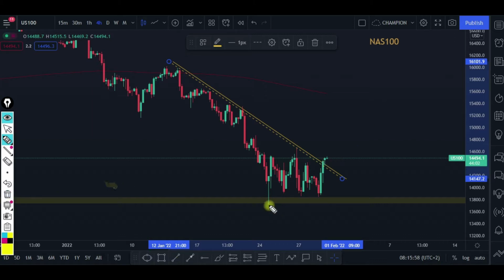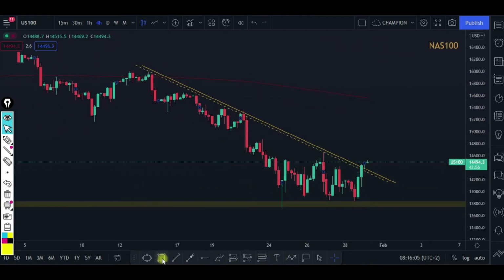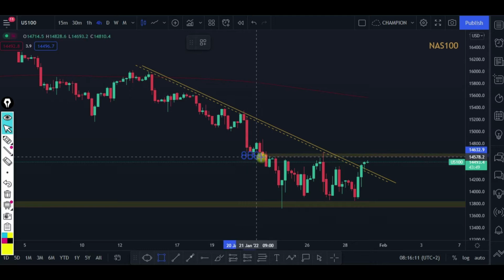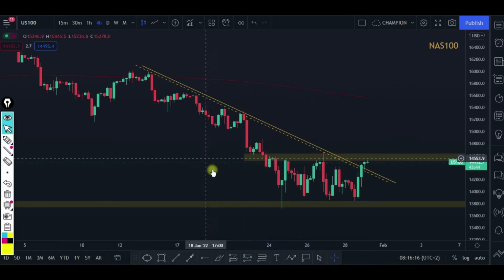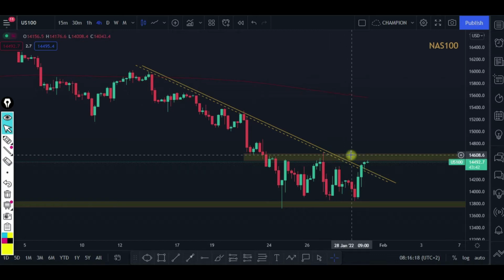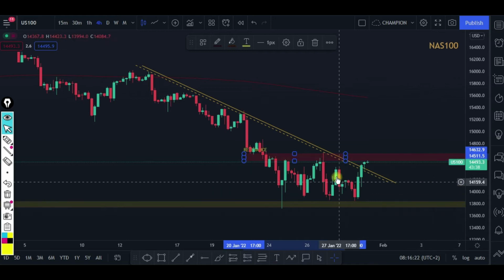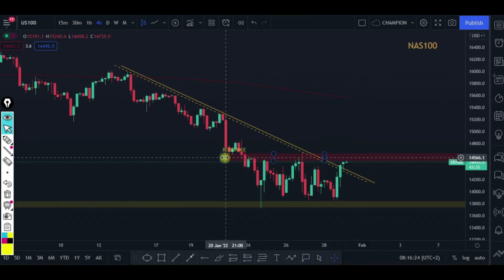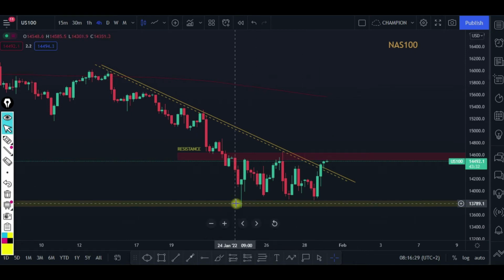Okay, let me make this very simple for you guys to understand. When the market moves, remember that we have something like this. This is our current resistance, and this is our support.